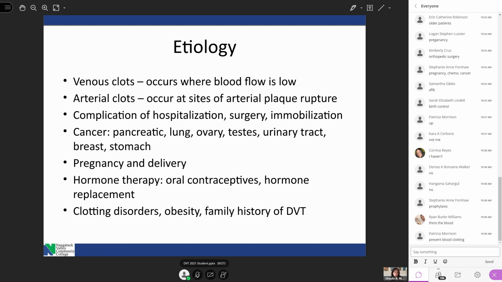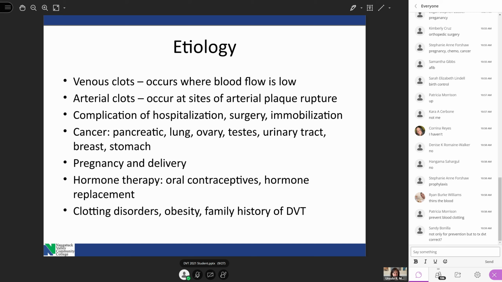But yes, heparin sub-Q is one of the most common things that we give our patients for DVT prophylaxis, not only for prevention, but to treat a DVT, correct? So there are different doses, Sandy. Yes, we do give heparin for DVT prophylaxis. Anybody know the dose that we give for DVT prophylaxis?